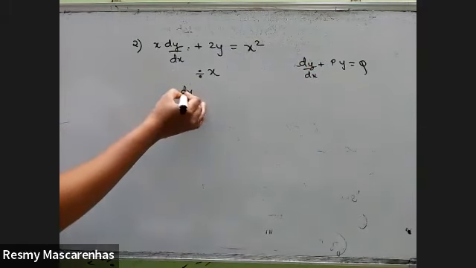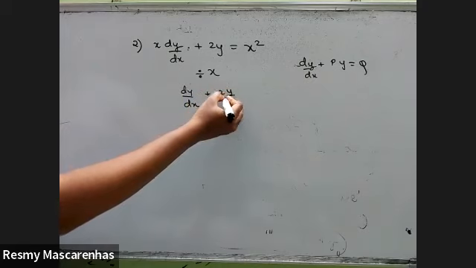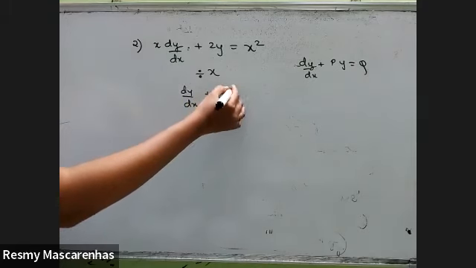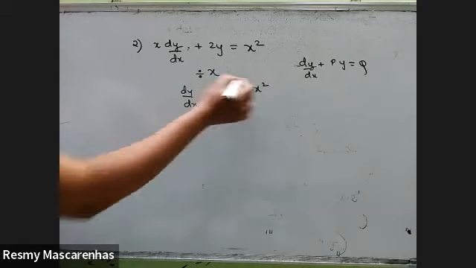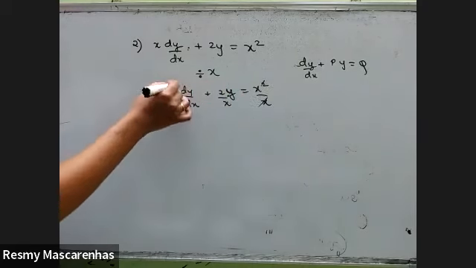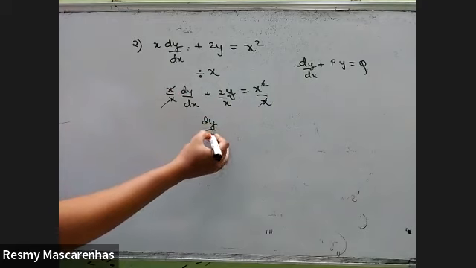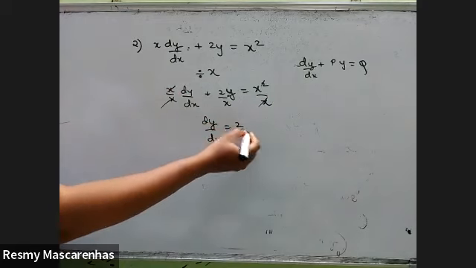So dy by dx will be, we will get like this. So dy by dx will be equals to 2 upon x.